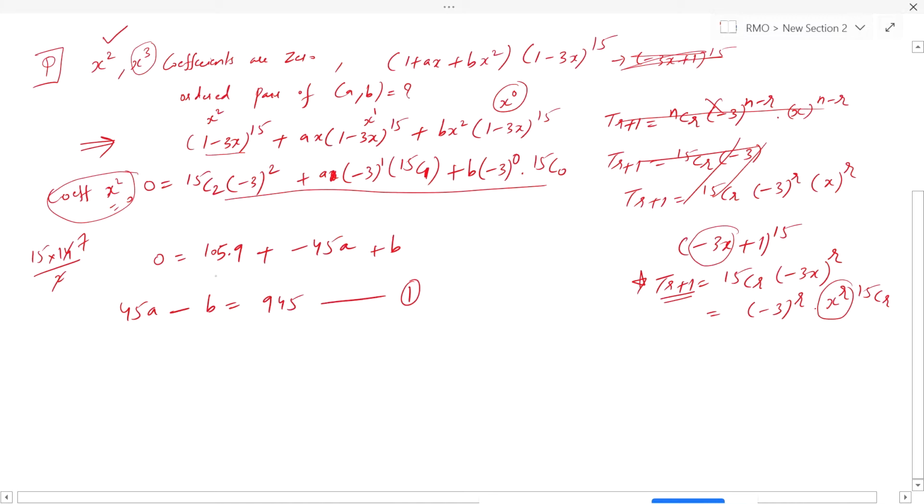Now we will check the coefficient of x cube. You both do it, see if the answer is coming. Get the equation like this.